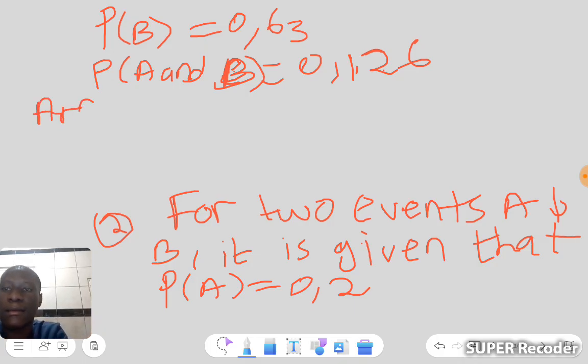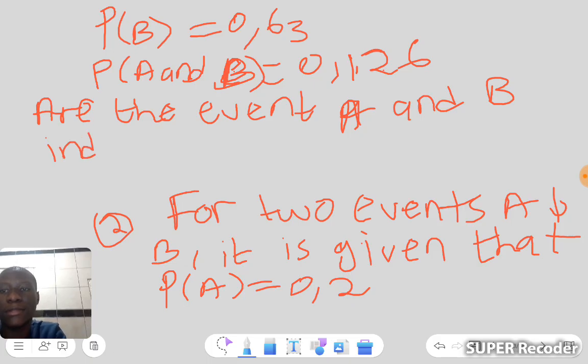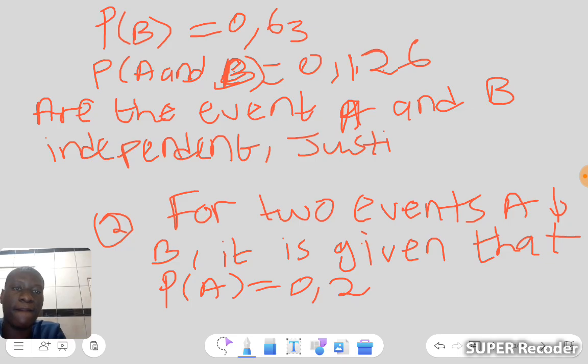Are the events A and B independent? Justify your answer.